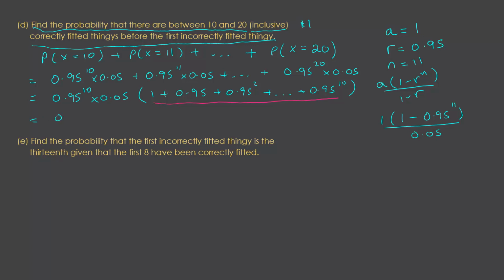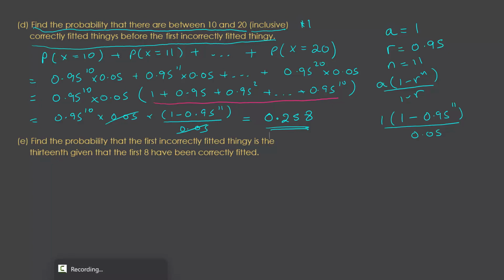So what we have here is 0.95 to the 10 times 0.05 times 1 minus 0.95 to the 11 divided by 0.05. Those 0.05s cancel. So it's just 0.95 to the 10 times 1 minus 0.95 to the 11. And if we calculate that, it comes out to 0.258.